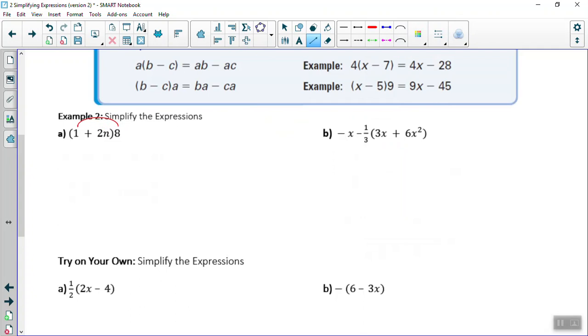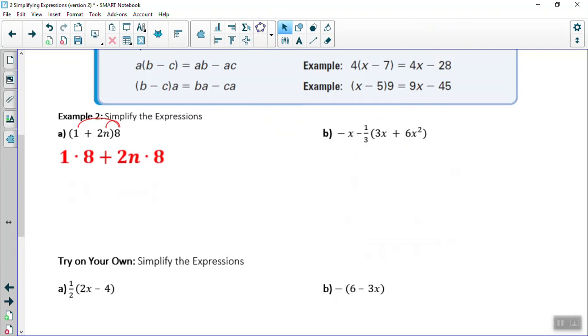So my 8's going to get distributed to that 1, and then I'm going to distribute it to the 2n. So I'm going to do 8 times that 1, and then I'm going to do 8 times that 2n.